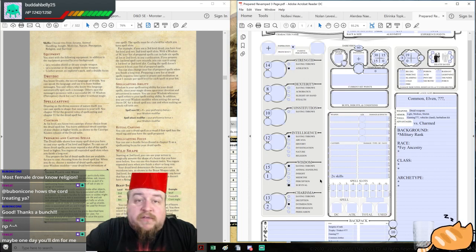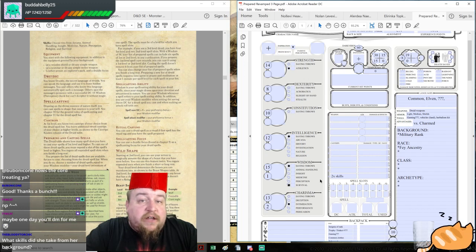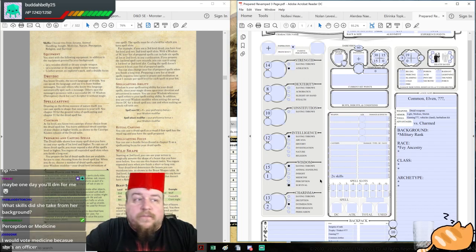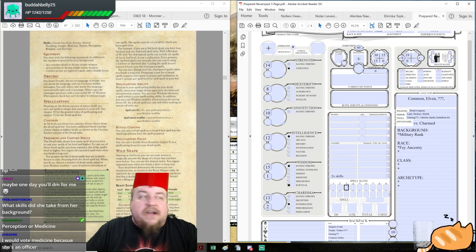Maybe that actually explains why she was brought up and she was a child prodigy. Her background as a soldier gave her athletics and intimidation. Darkwolf is thinking perception or medicine. You'd vote medicine because she's an officer, so that way she can help the people in her squad.